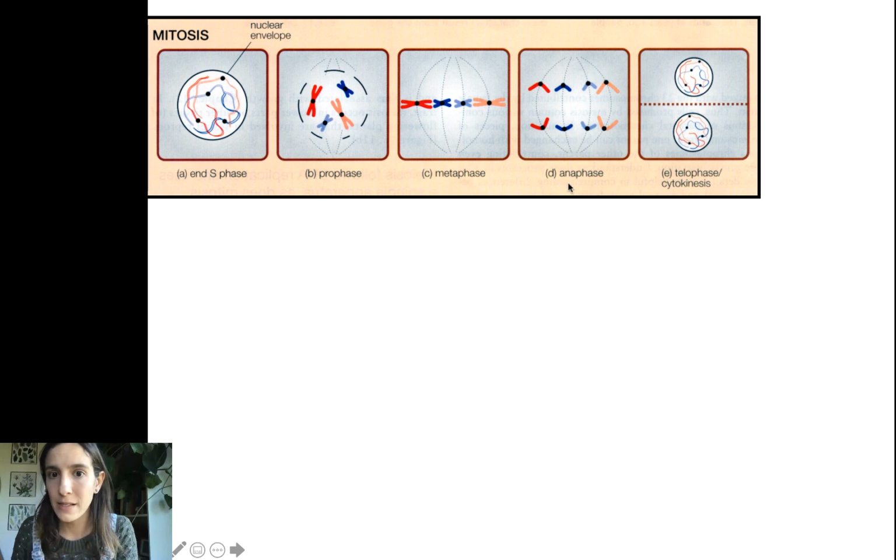So anaphase, apart, A. And then in telophase and cytokinesis, this is when we've got new nuclei forming on the respective halves of these 2 new cells, and then a cell wall forming and actually dividing this structure into 2 cells. Okay, that's mitosis.